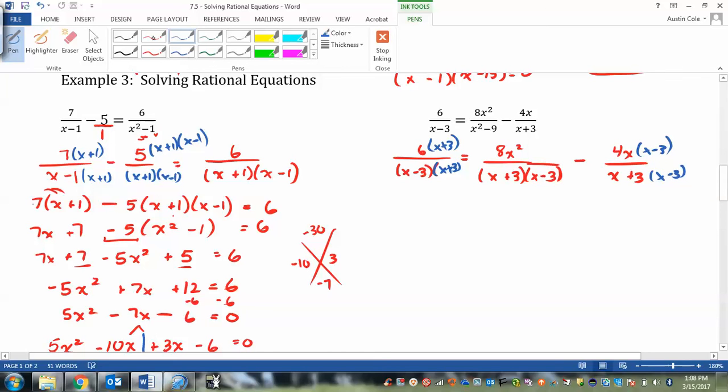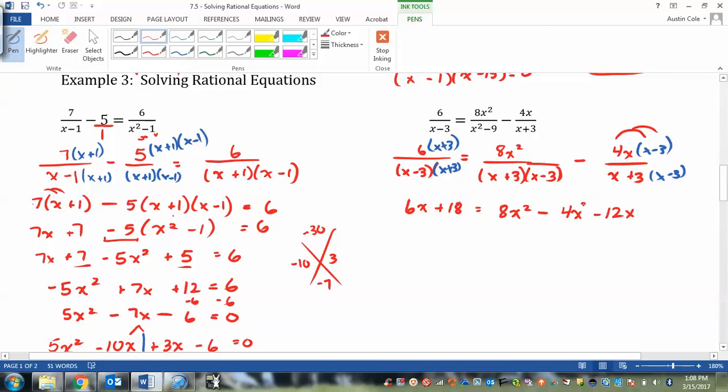All my denominators are the same. I'm going to get rid of it. So here's going to be 6x plus 18. I just distributed that. Equals 8x squared minus, when I distribute this, minus 4x minus 12x.